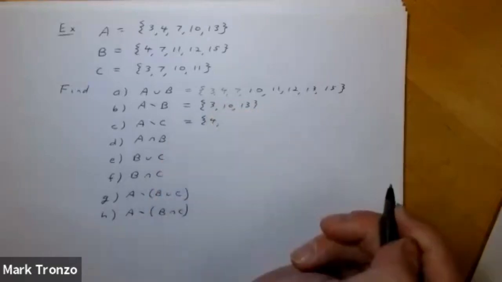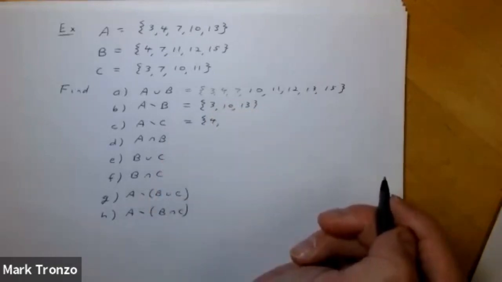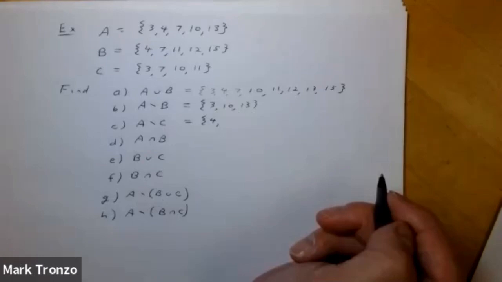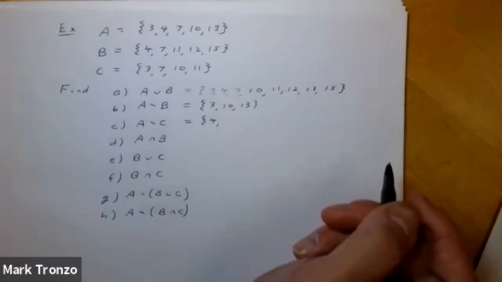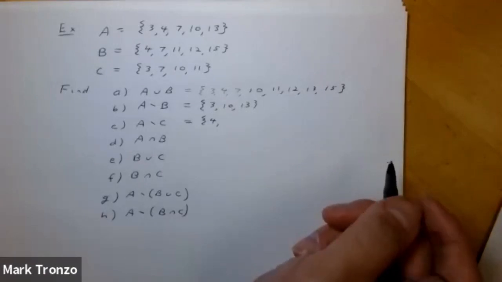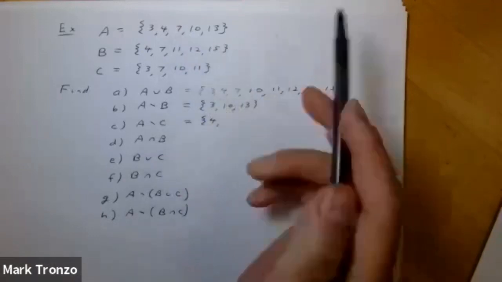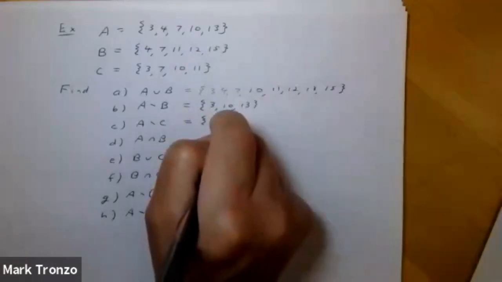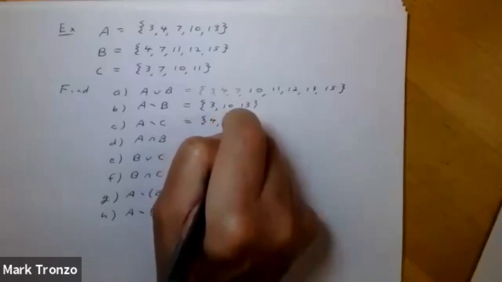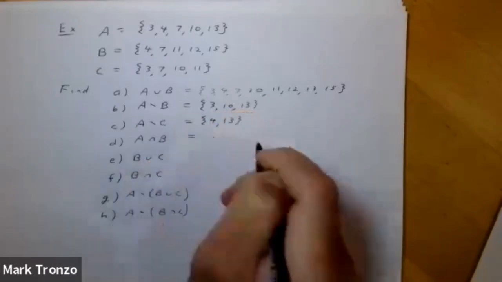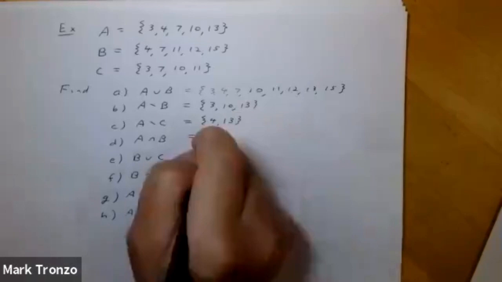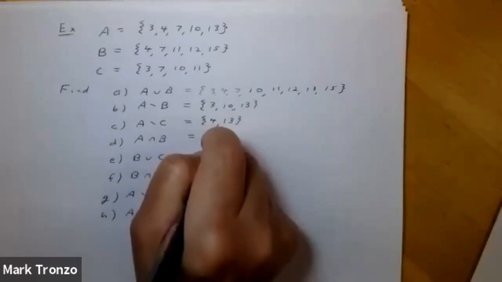Let's check the 7. Oh yeah, it's not going to be 7, so just 4 and 13. And then what did you get for the next one? 4 and 7.